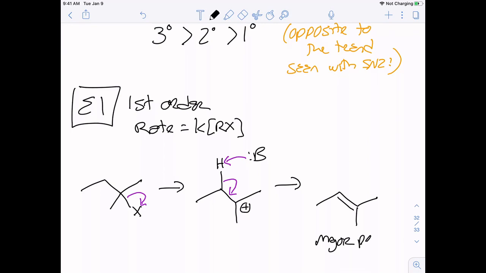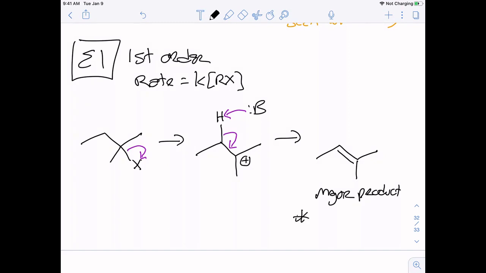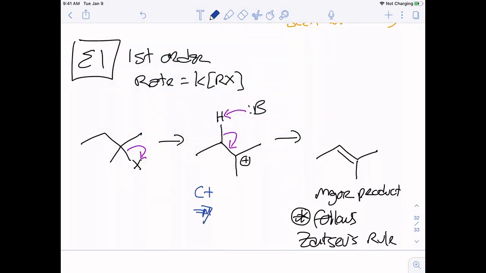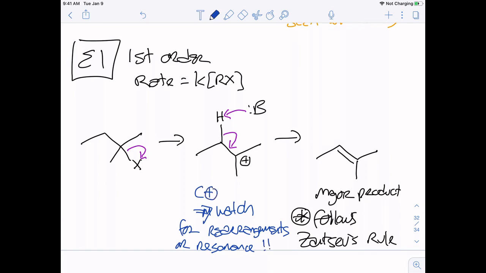We would have the same minor product that we had with the E2 reaction, so follow Zaitsev's rule. Carbocation, again, watch for rearrangements. Or resonance. If you can make that carbocation intermediate more stable, you're going to do that.